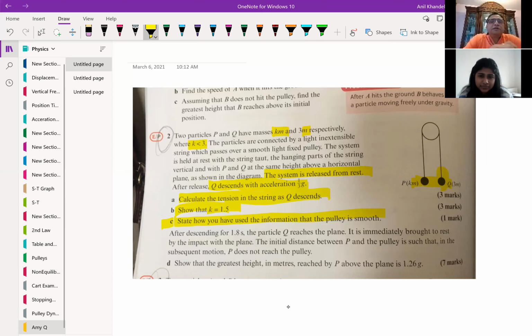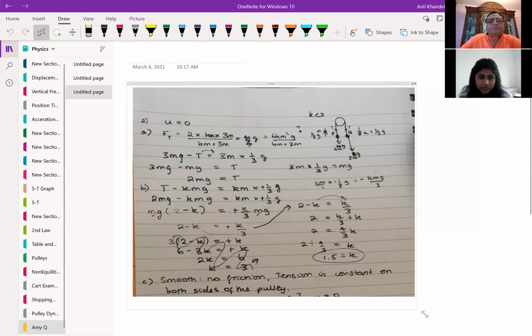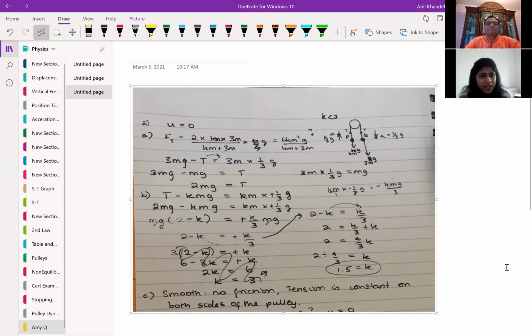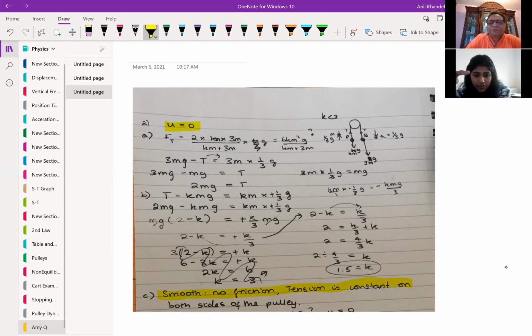Now, you have shared with me your solution also, I think, right? So what did you do? Here is the solution which I received from you. Can you please explain what you did here? So from the question, when we looked at the keywords, I wrote them down. We said light inextensible, so I kept in mind that the tension was the same throughout.